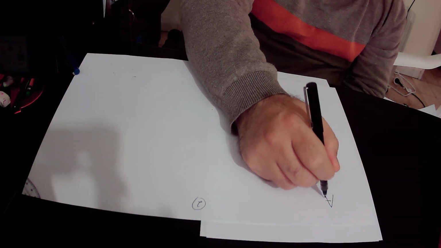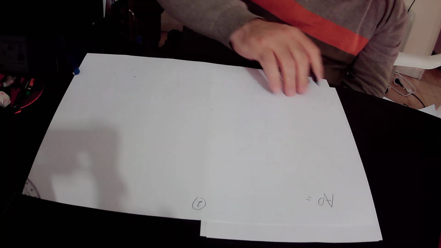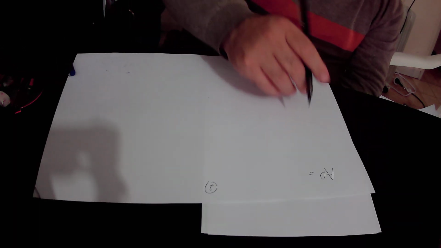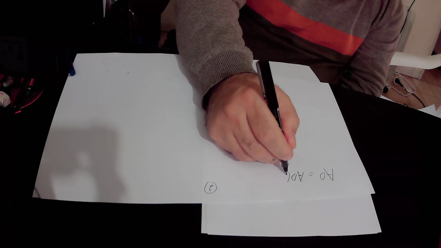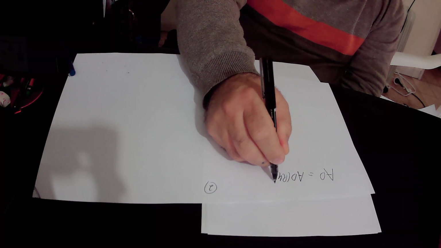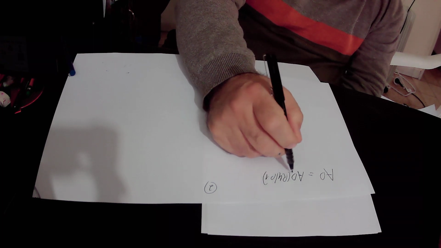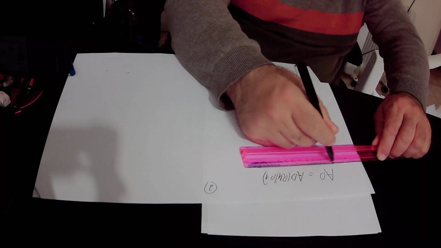That is to say, AO equals AD, according to rule number one.